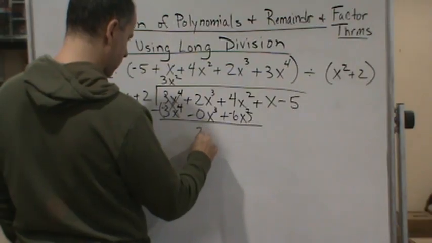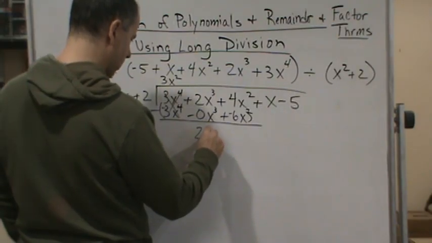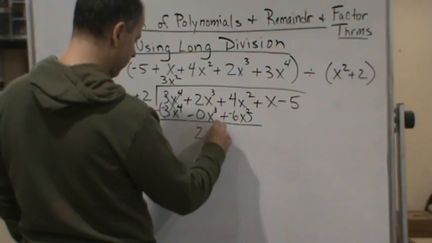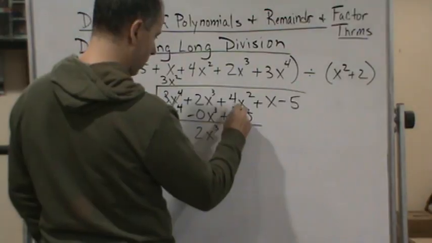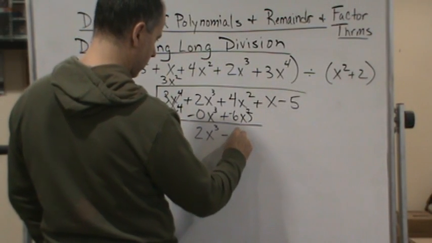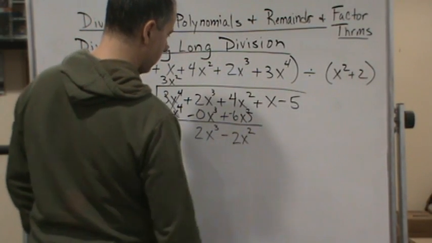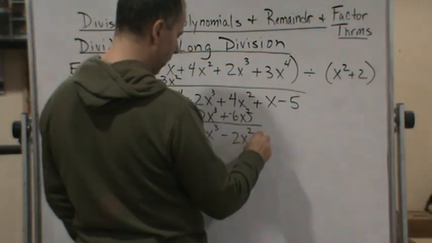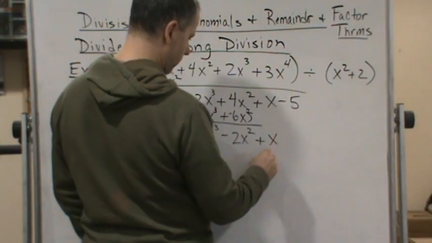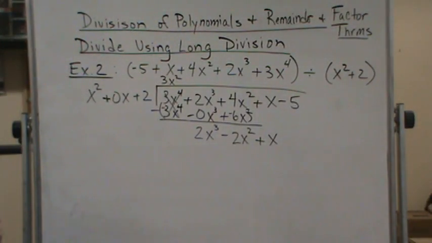This is going to become 2x cubed minus 2x squared. Okay? And now we drop down. Okay? Now we're going to do it again.